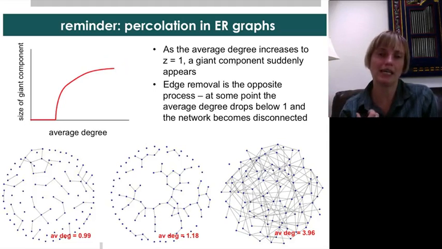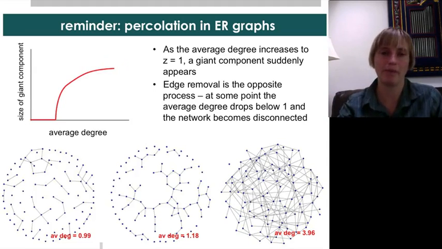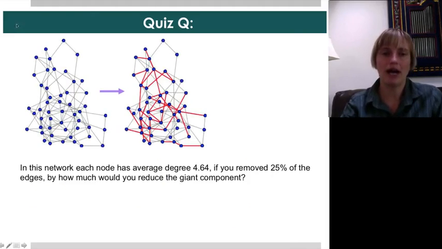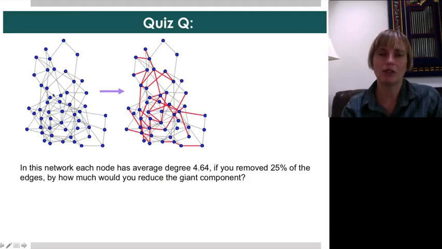At what point does the network break up? So just to check our understanding, if you had this network here where each node has an average degree of approximately 4.6, and you removed a fourth of the edges, and here I've highlighted a fourth, by how much would you reduce the size of the giant component?